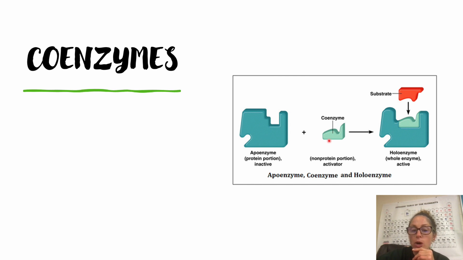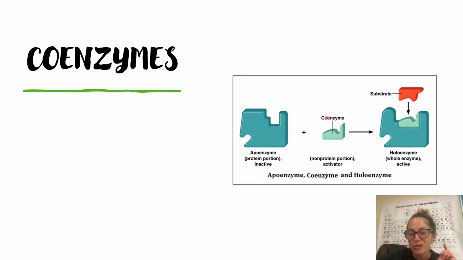There are these things called coenzymes that need to bind in the active site in order for the substrate to bind. It's a non-protein portion. Remember, it's almost like a prosthetic group. This is called an apoenzyme because the enzyme isn't functional without the coenzyme.